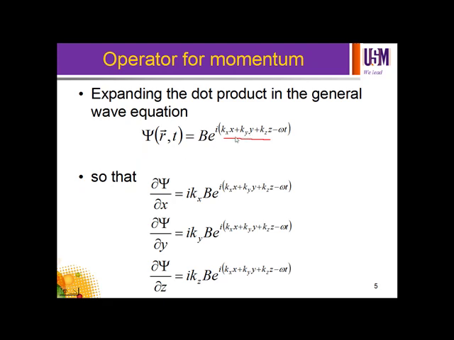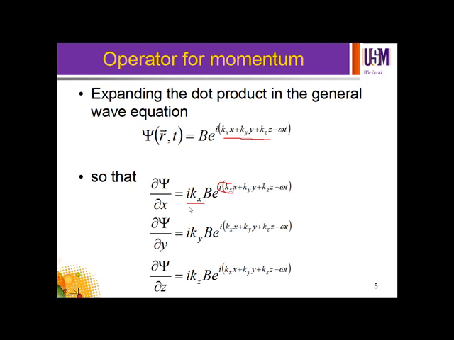So since we have 3 components or 3 axes x, y, z, when we differentiate psi with respect to position, we have 3 partial differentiations like this. That is, delta psi per delta x: when you differentiate with respect to x, you differentiate the x coefficient here, ikx.